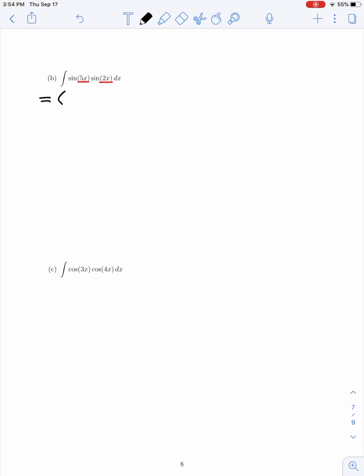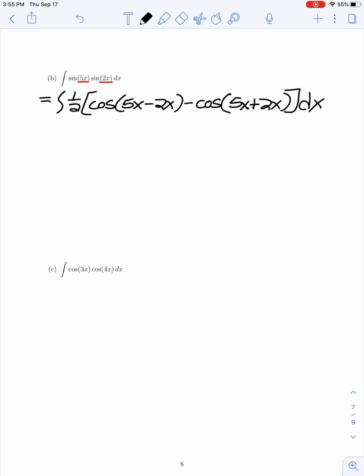We could rewrite this as the integral of 1/2 of, if I'm taking the product of two sine functions, sine A and sine B, I would have a cosine of A minus B, so here 5x minus 2x, minus cosine of A plus B, that is 5x plus 2x, dx.